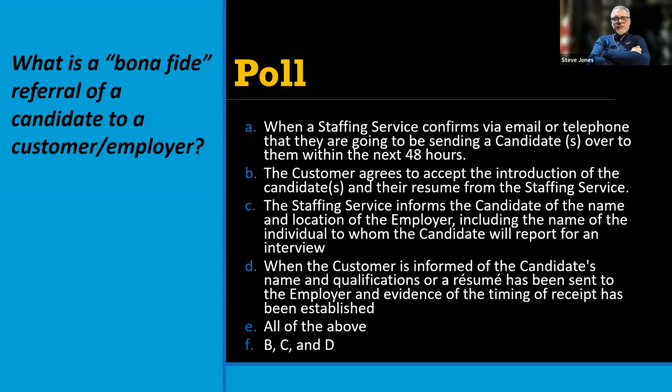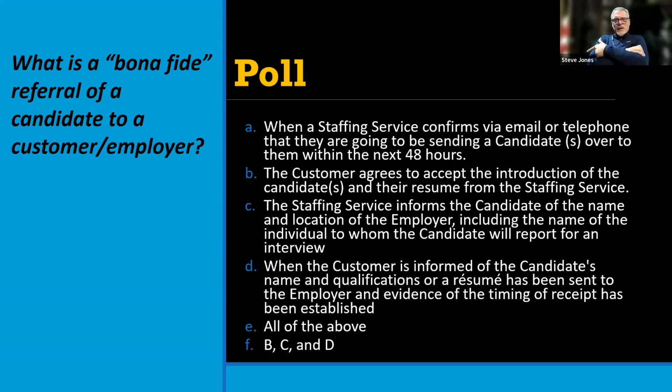Number C, the staffing service informs the candidate of the name and the location of the employer, and includes the name of the individual to whom the candidate will report for an interview. So that's important. It's important that there's full disclosure, openness, and honesty, so that the candidate knows and the candidate is given authorization to present their resume to the client. So we've got authorization from the client, we've got authorization from the employee.